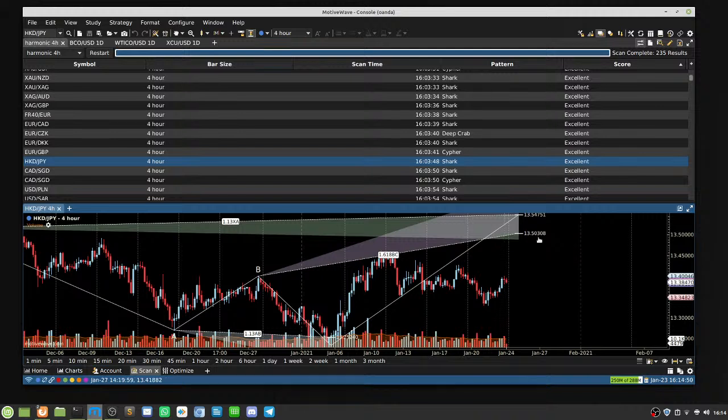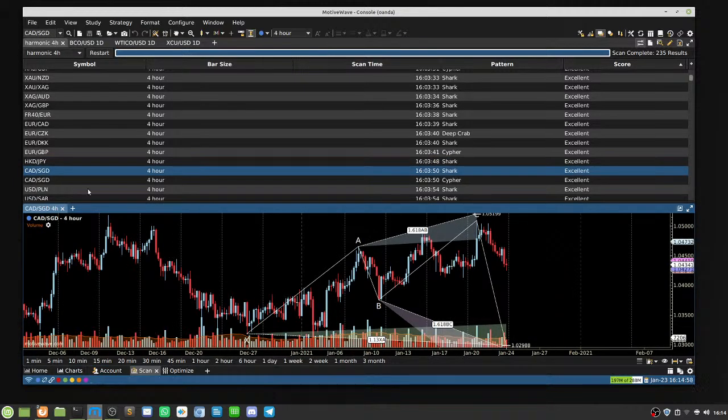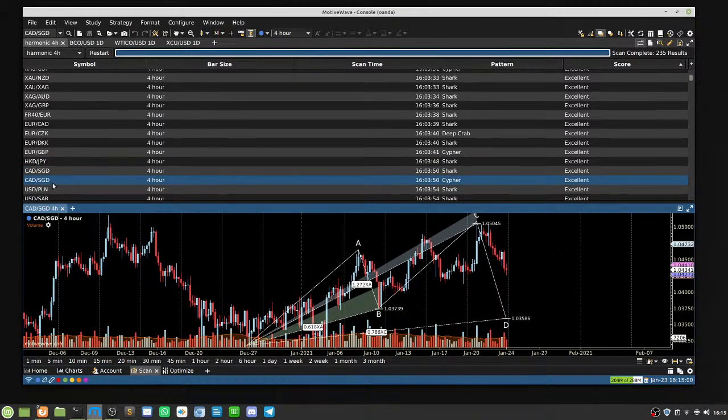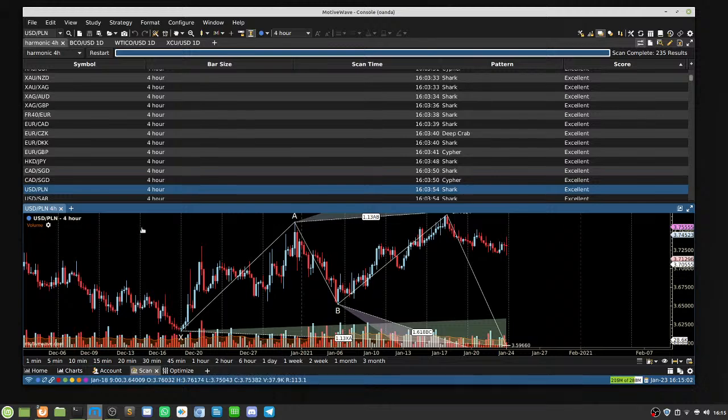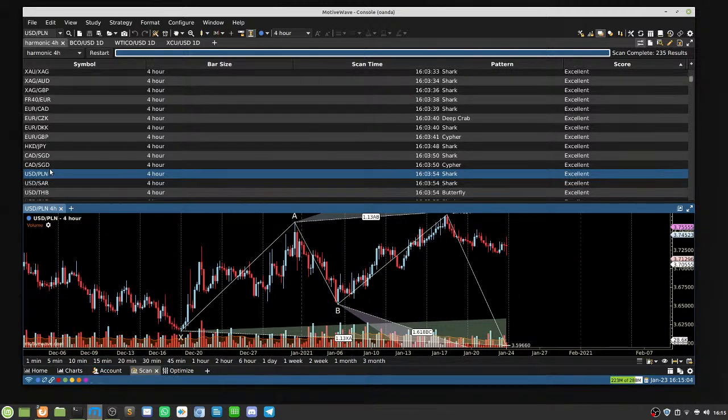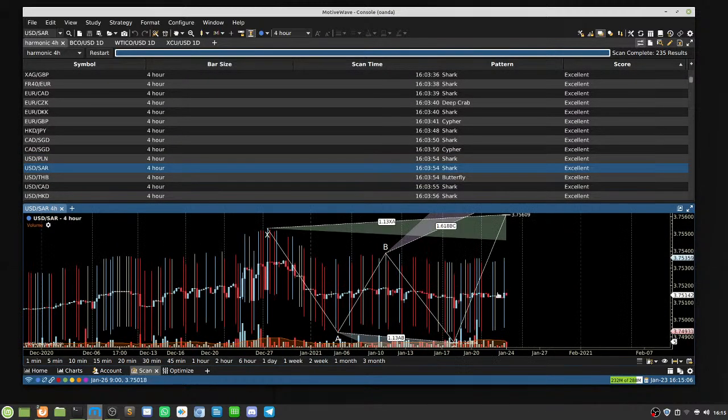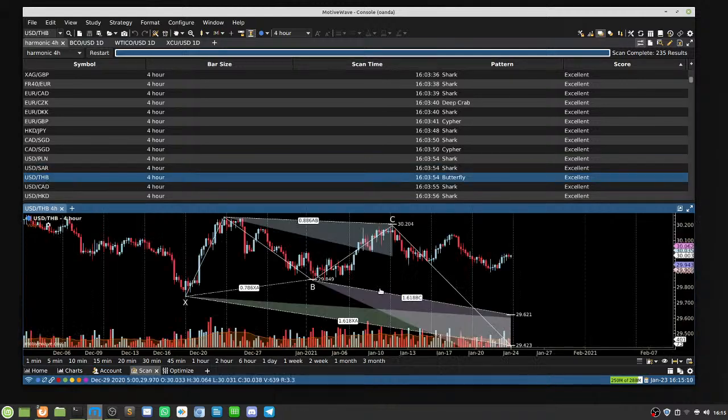Hong Kong Japanese yen has a long call. Again, I think that's a defense play with the Japanese yen. I am seeing more Singapore dollar, but they're all shorts. USD Poland, now it's a short. USD Saudi got a long there, but you wouldn't want to trade that.